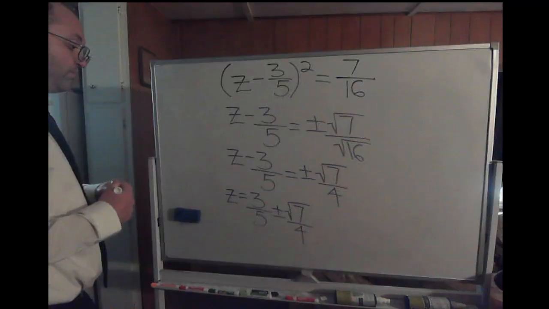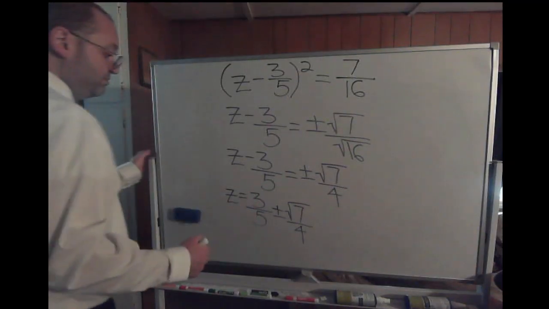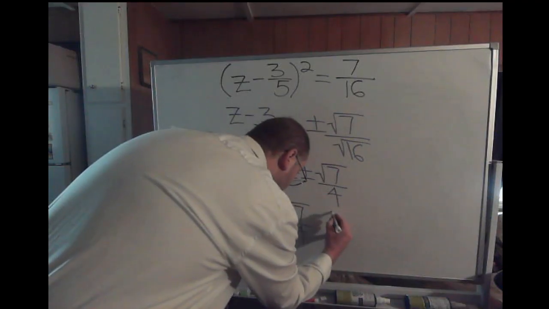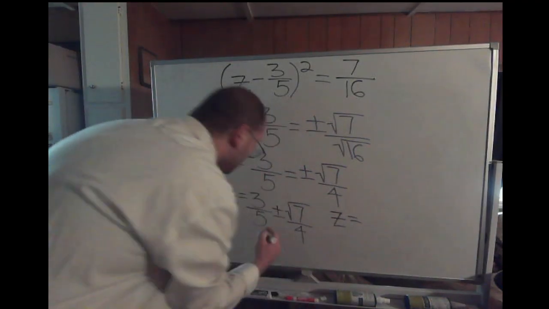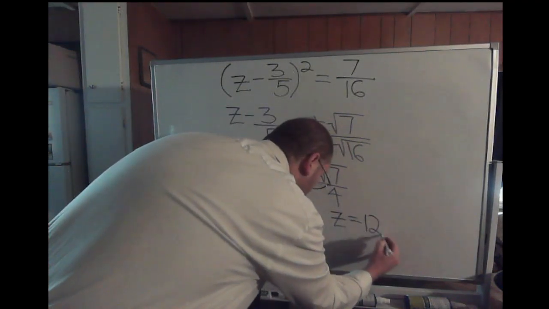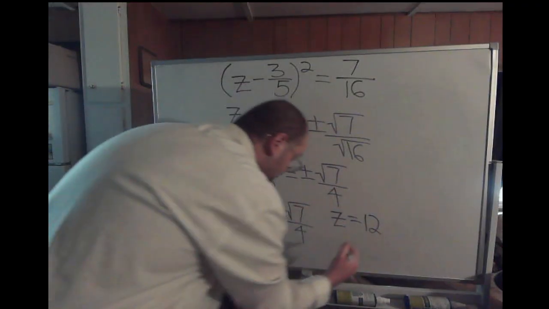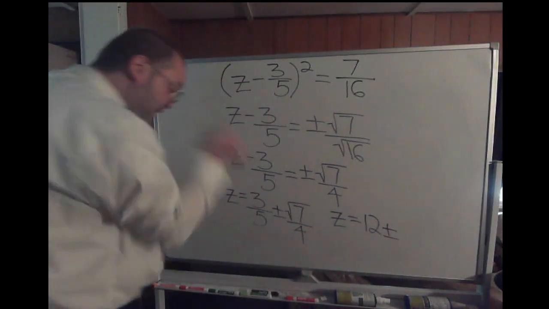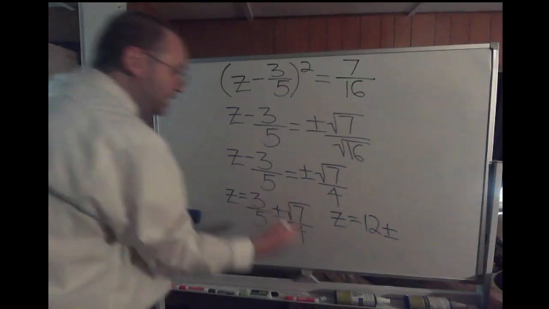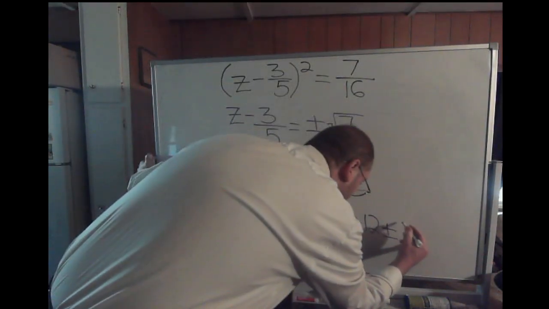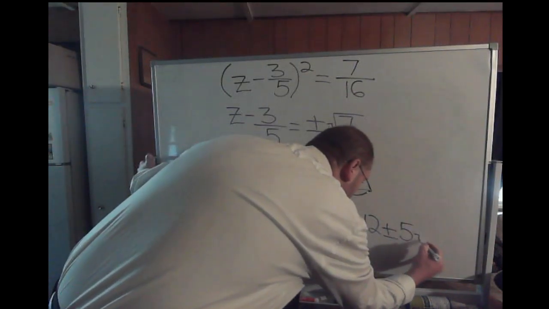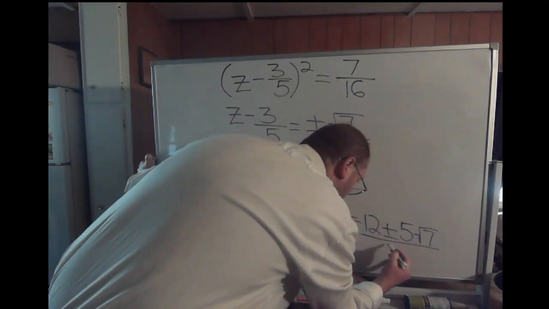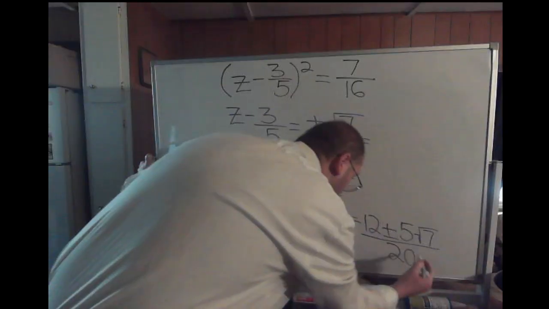So if you multiply that 3/5 by 4 in the numerator and denominator, you'd have 12/20ths, but you can write this as one denominator. We're going to make the whole denominator 20, then multiply your square root of 7 by 5. So what you would end up with is 12 plus or minus 5 times the square root of 7, over 20.